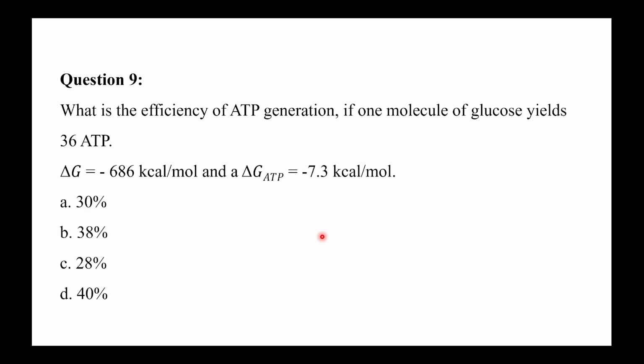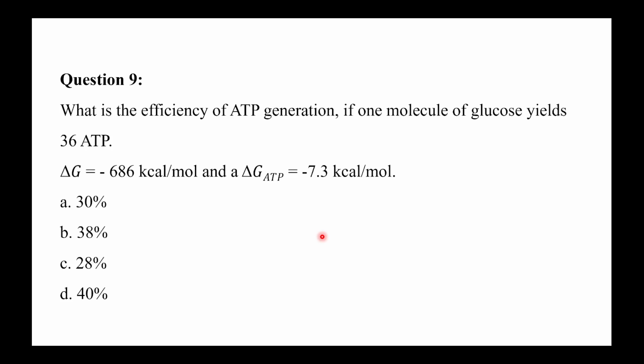What is the efficiency of ATP generation if one molecule of glucose yields 36 ATP?